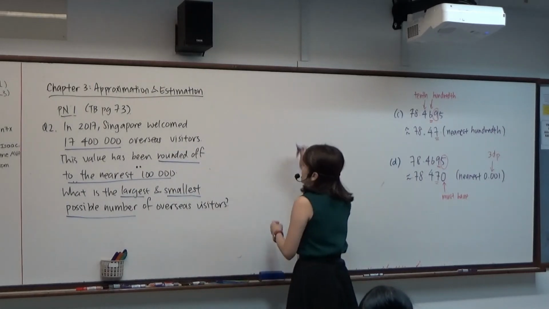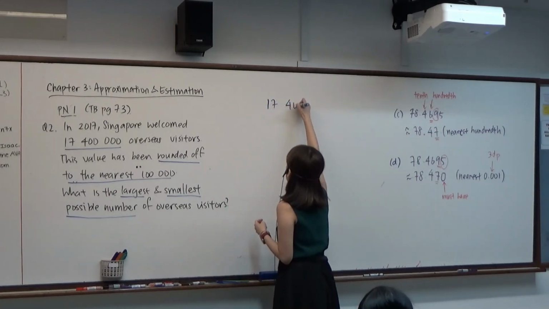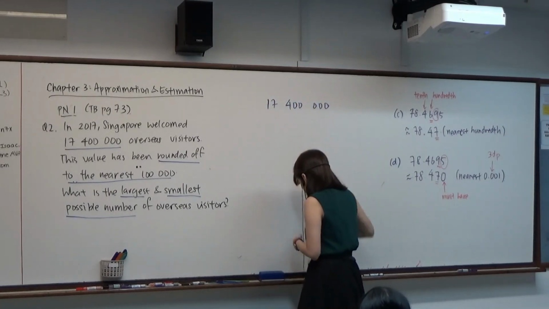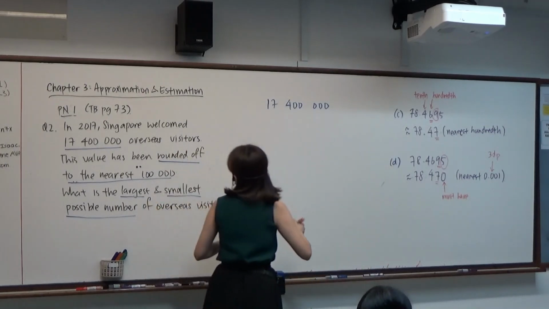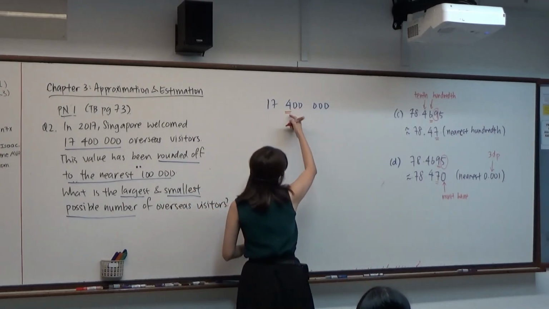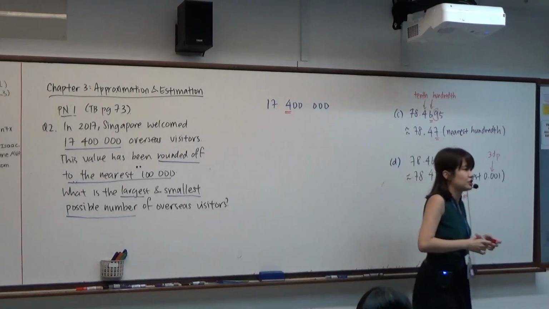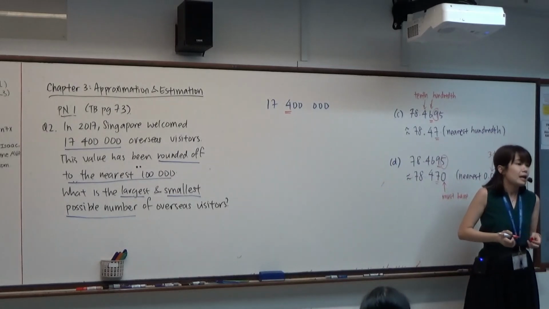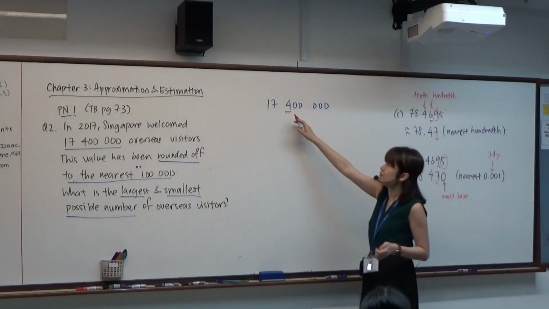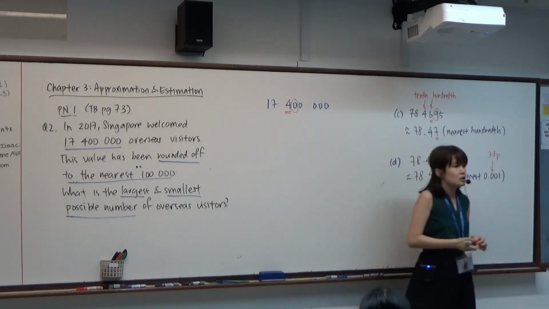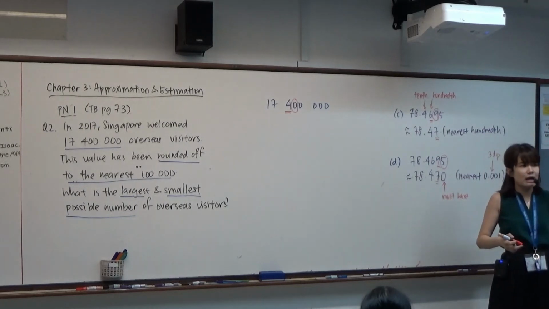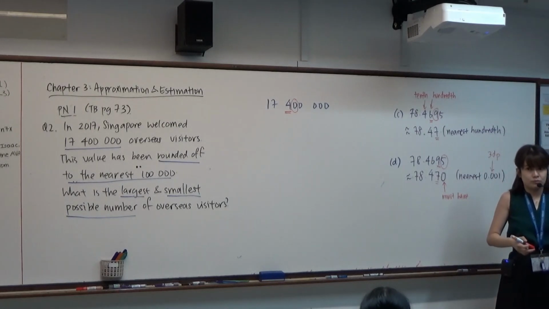Let me just write the number that we have over here. We are rounding off to the nearest 100,000. The 100,000 place is this digit 4. We know whether we are going to round up or round down based on the digit on the right of it.